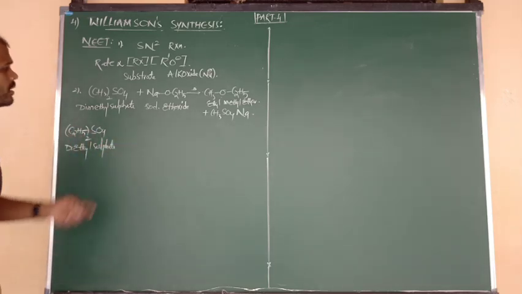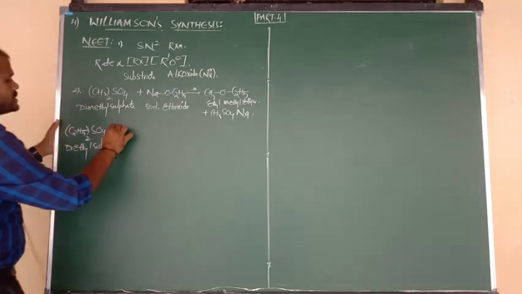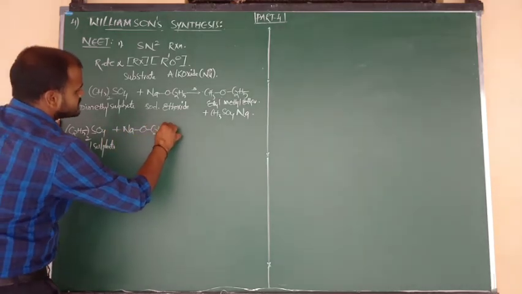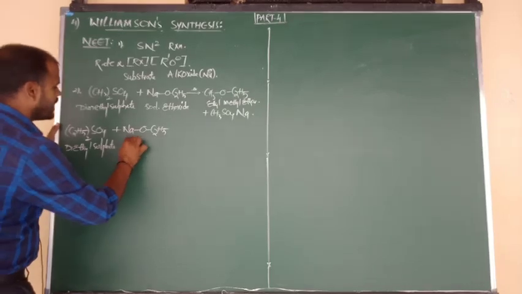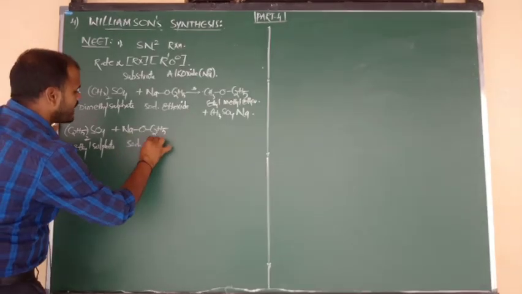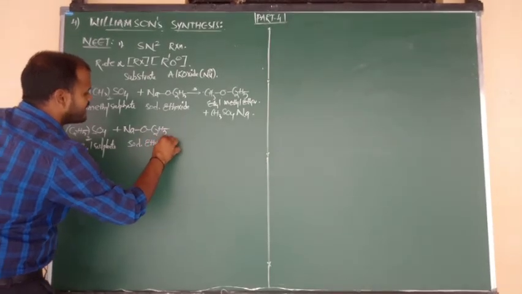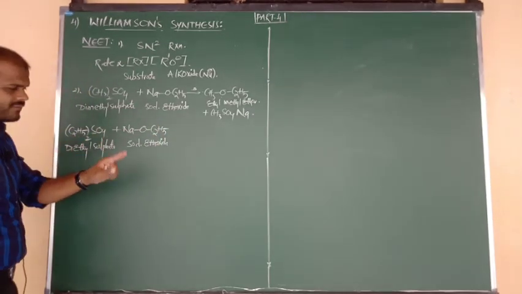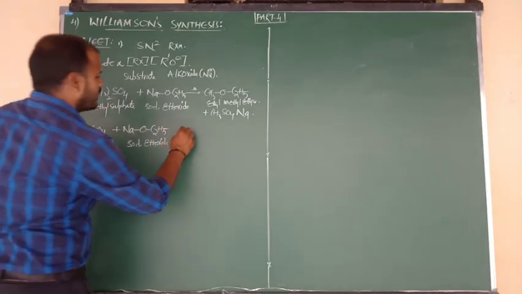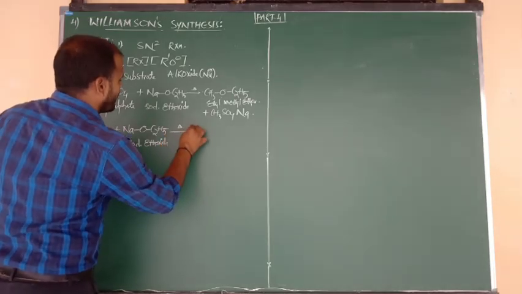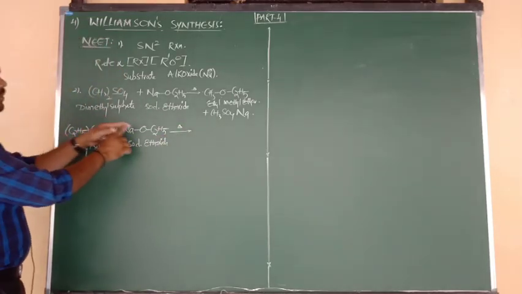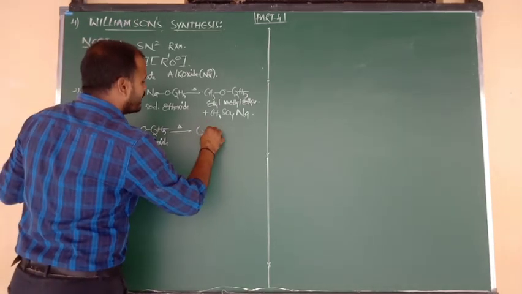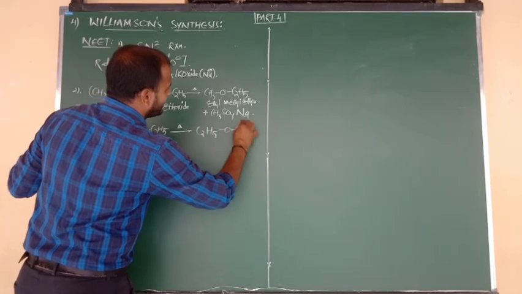Diethyl sulfate upon heating with sodium alkoxide, NaOC2H5. What is the name of this compound? Sodium alkoxide, and also we can say sodium ethoxide. Diethyl sulfate on heating with sodium ethoxide, again the same thing, forms the product C2H5 bonded to O bonded to C2H5, which is diethyl ether.